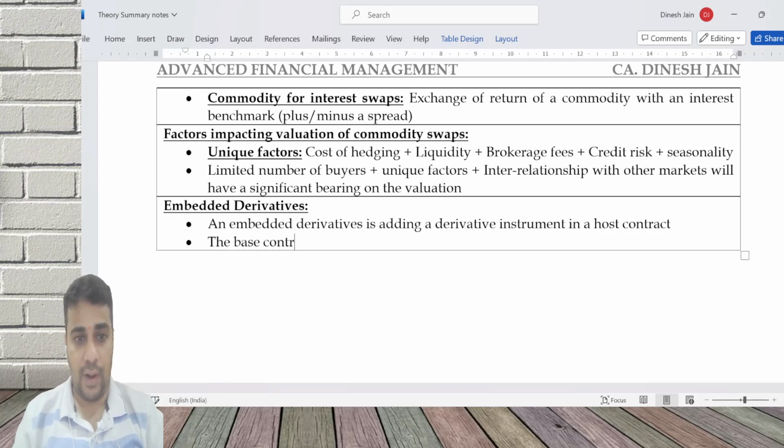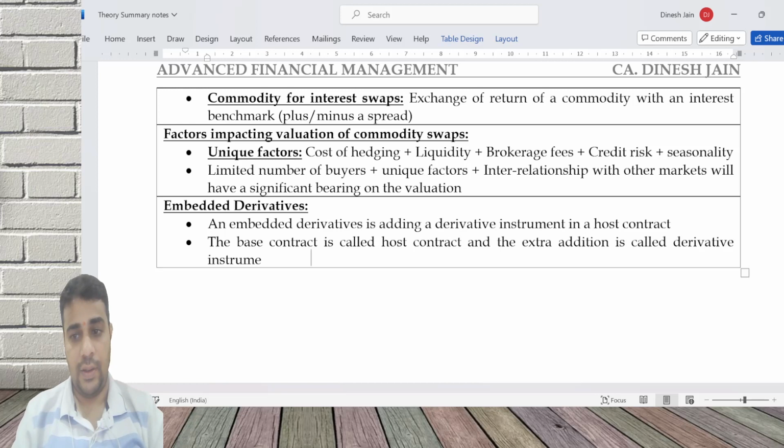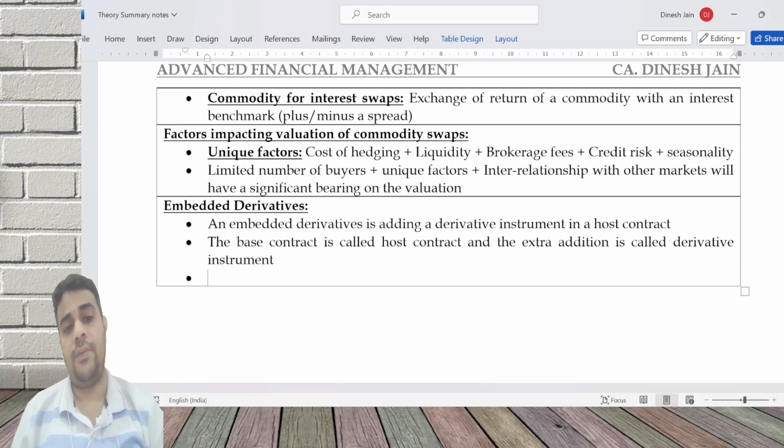The base contract is called the host contract, and the extra addition is called the derivative instrument.